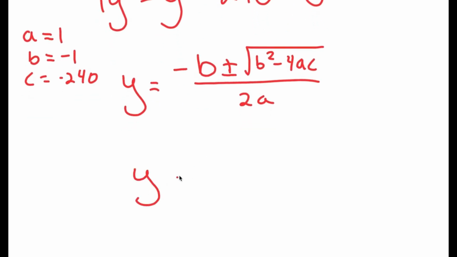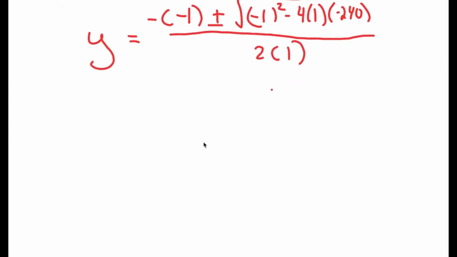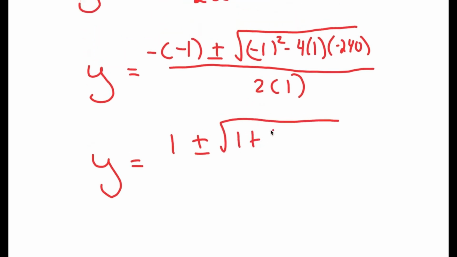So I get y is equal to negative of negative 1 plus or minus the square root of negative 1 squared minus 4 times 1 times negative 240, all over 2a, so 2 times 1. And this simplifies to 1 plus or minus the square root of 1 plus 960 over 2.